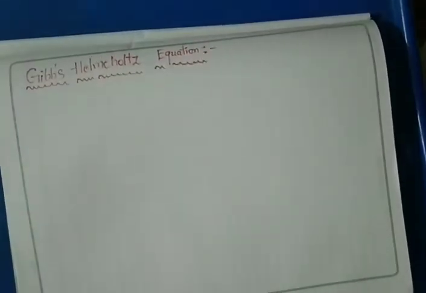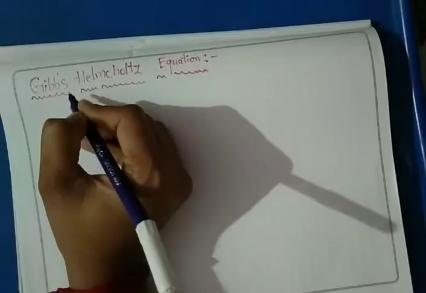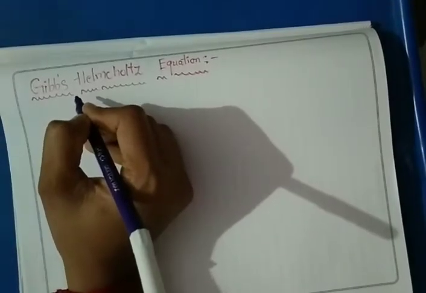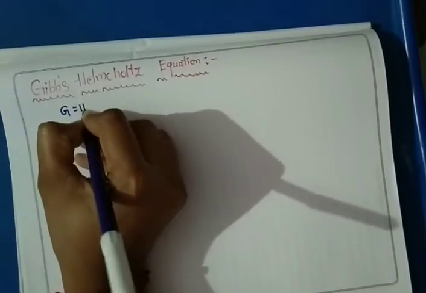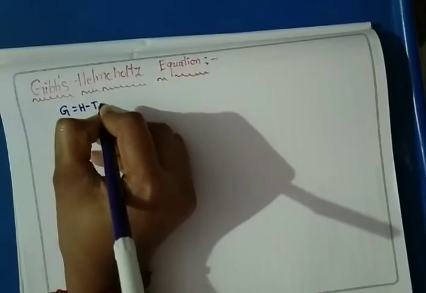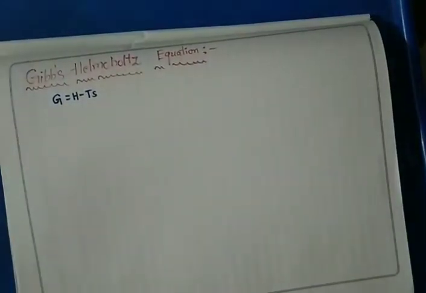So in the Gibbs-Helmholtz equation, the Gibbs free energy equation is G is equal to H minus TS. So this is the principle of Gibbs free energy.